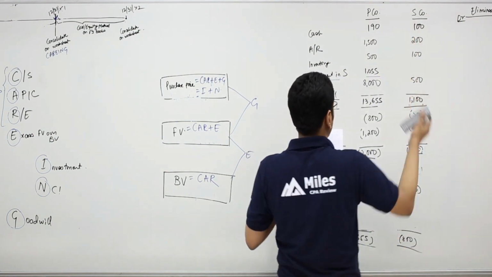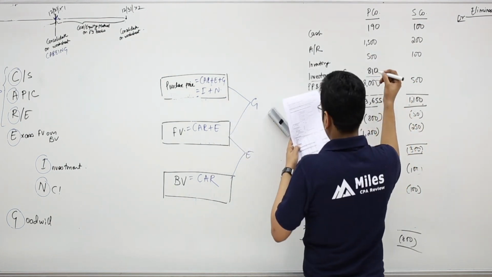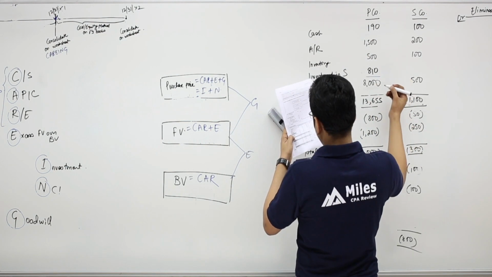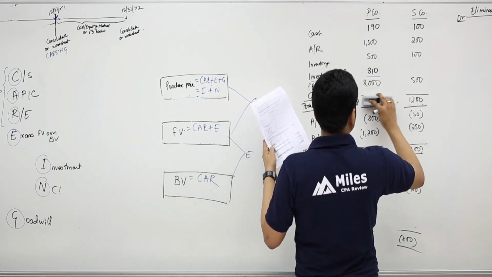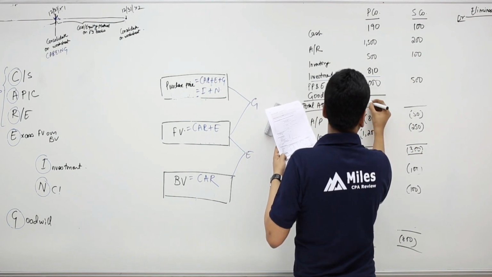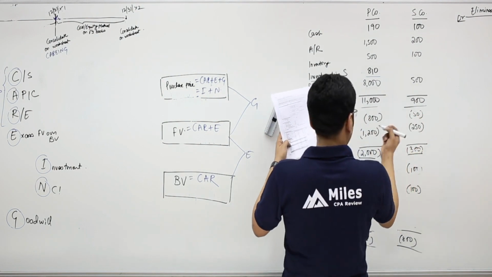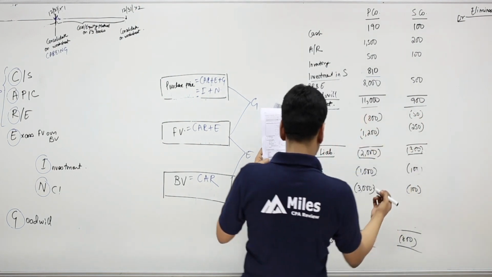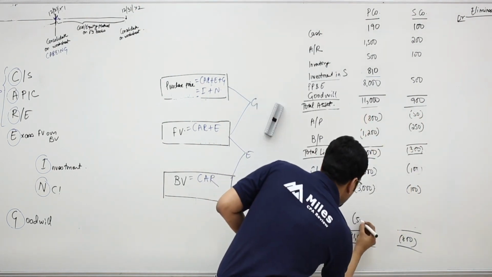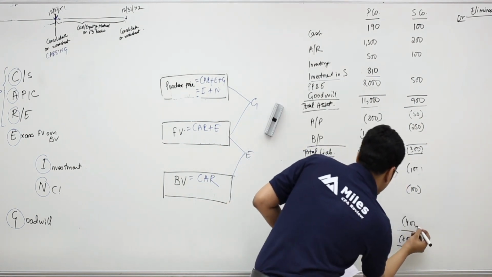Investment in S is now 810. Then this becomes $11,000, and here we have 900. Liabilities remain the same, 1,000, 3,000, and 5,000 for retained earnings, and you have 100, 100, and 400 for retained earnings.